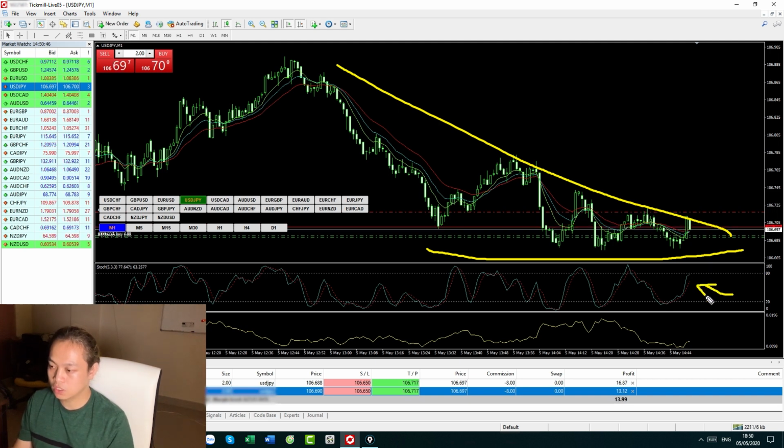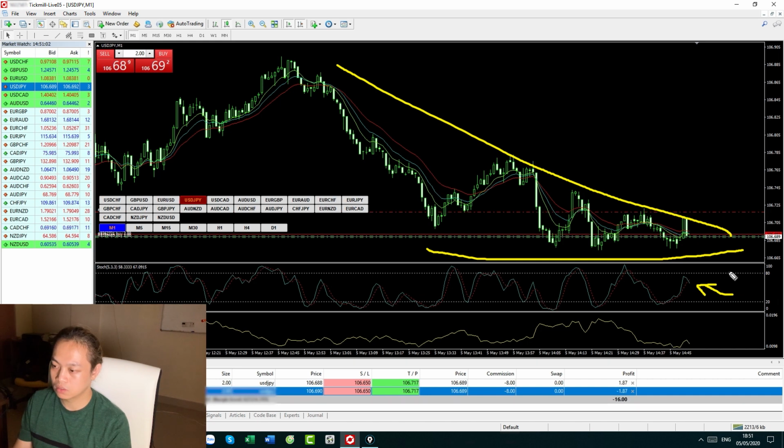Stochastic is approaching overbought. Well, in the 1 minute time frame, I think we should not look at any indicators because of a lot of lagging and noise. But yeah, just something for you to take as reference. ATR is pretty low right now. Looks like it will take me like 10, 15, 20 minutes more before I can get out of this trade.